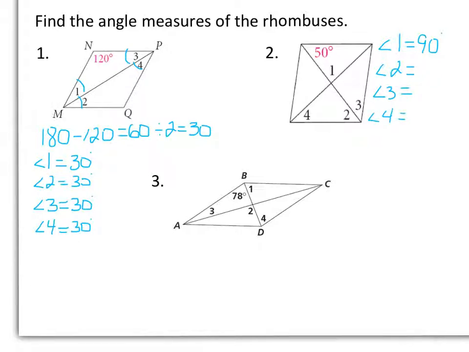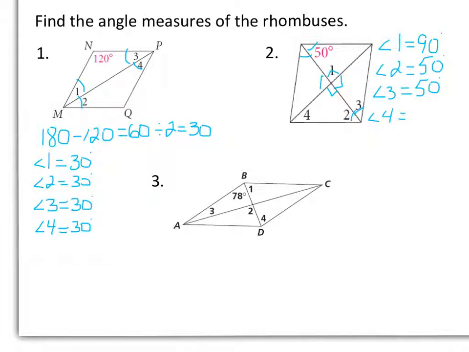Okay, so I'm going to go ahead and mark my diagram. So we know angle 1's 90, so this angle's 90, so is this one and this one. I also know that the diagonals bisect the angles, so these 4 angles are congruent. So that makes angle 2 50 degrees and angle 3 50 degrees.